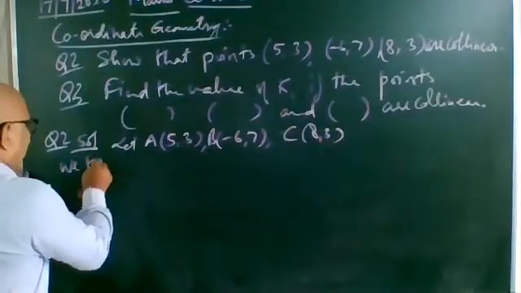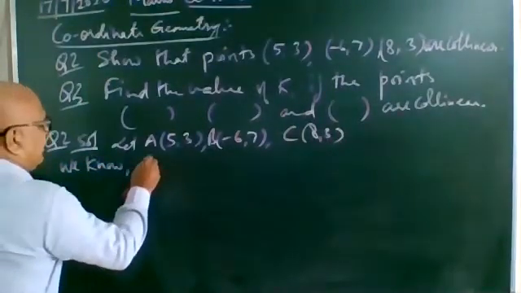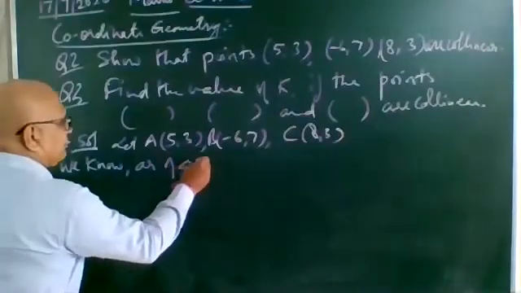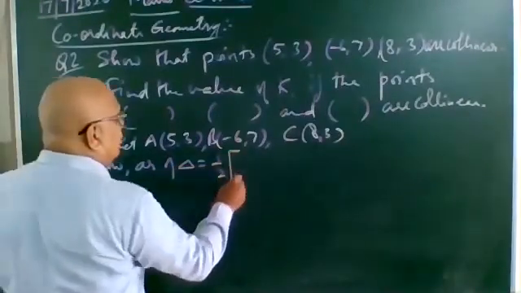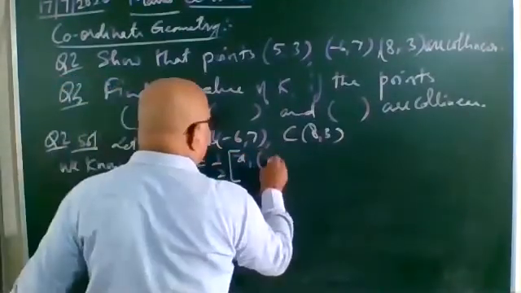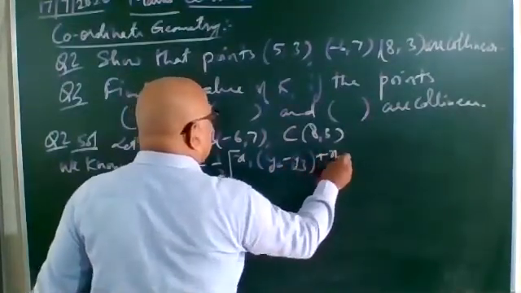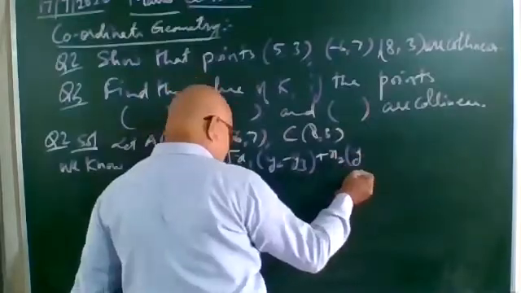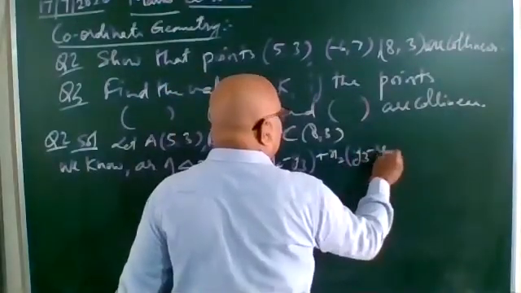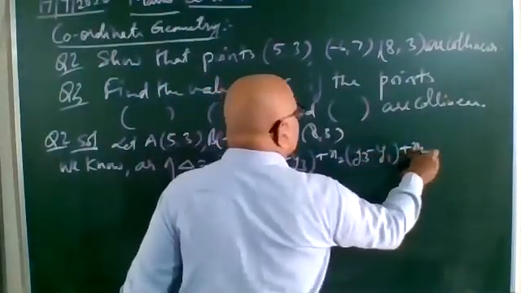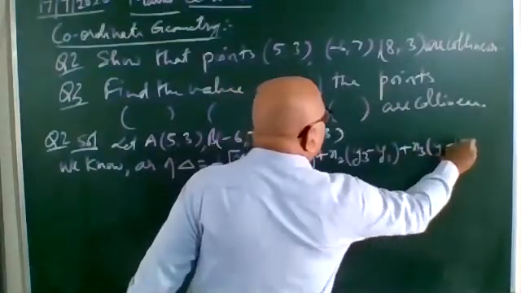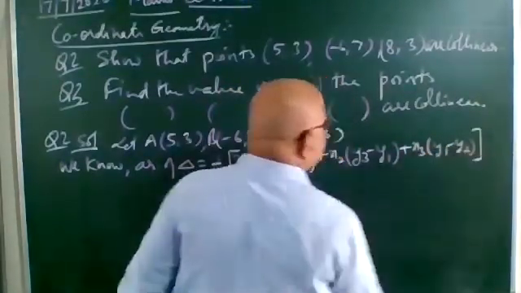Area of triangle, we know, equals 1/2 [x1(y2 - y3) + x2(y3 - y1) + x3(y1 - y2)].